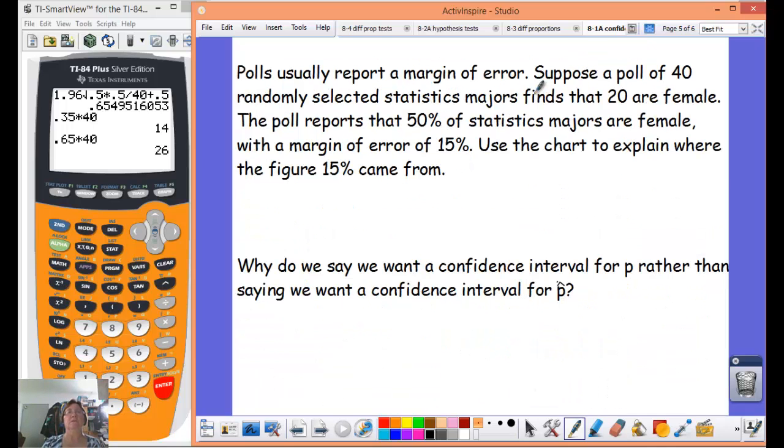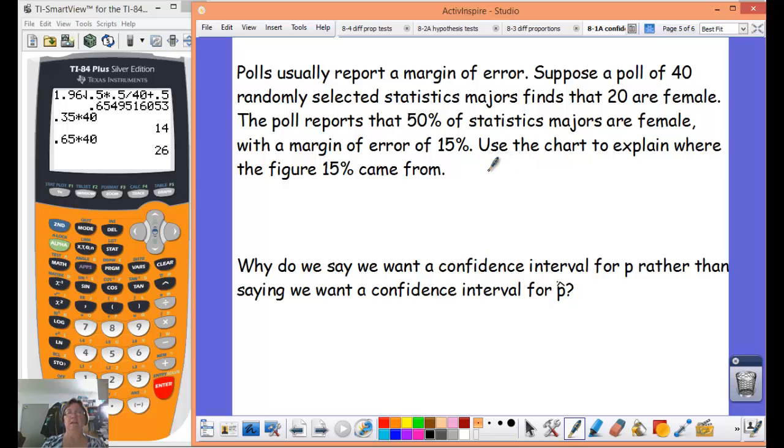Suppose a poll of 40 randomly selected statistics majors finds that 20 of them are female. The poll reports that 50% of the statistics majors are female, which is accurate according to what they have. 20 of 40 is 50%, with a margin of error of 15%. It asks us to use the chart to explain where that figure 15% came from.